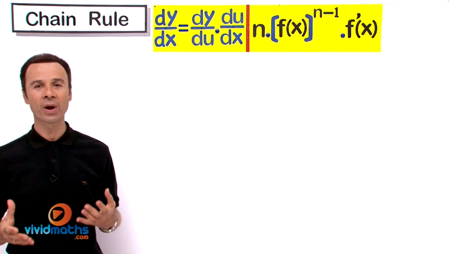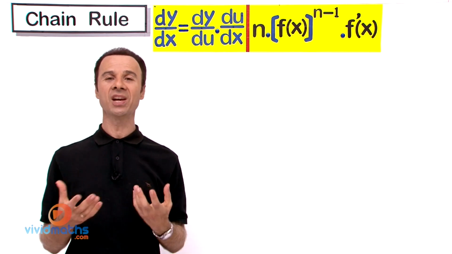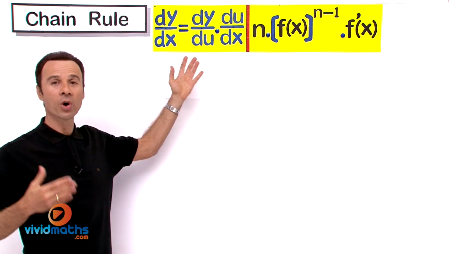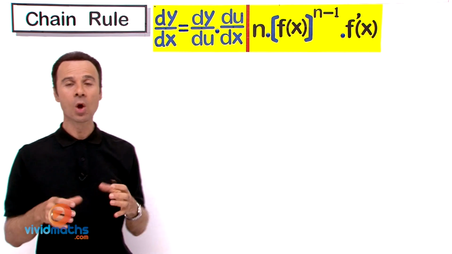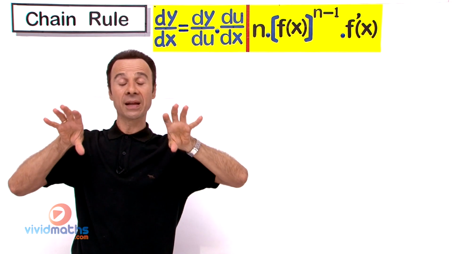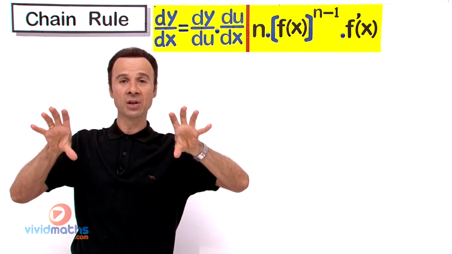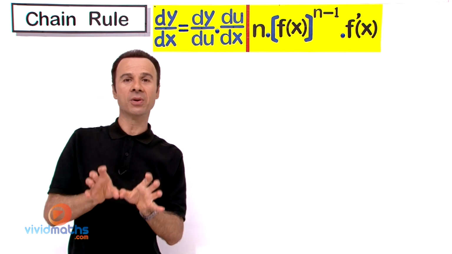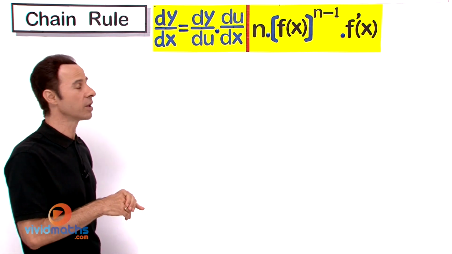So regardless of whatever textbook you're using or whatever notation your teachers are using, this function of a function or chain rule works essentially the same. And it's quite simple once you decompose a complicated function into its two smaller components. So let's have a look at the first rule here of the chain rule.